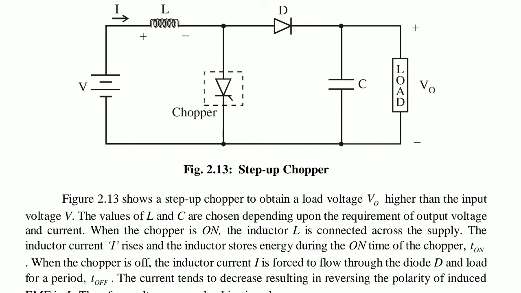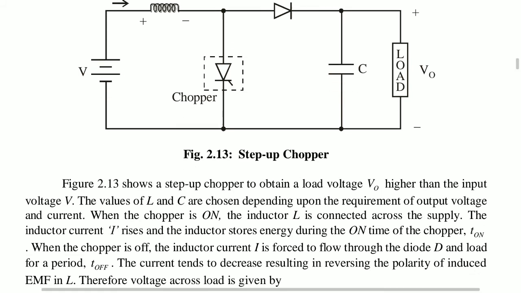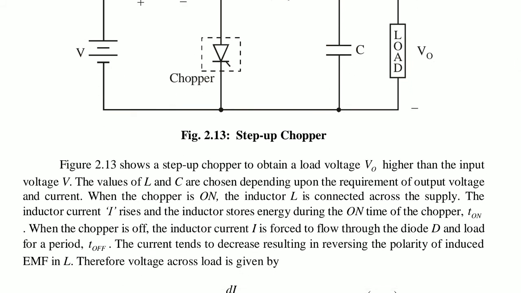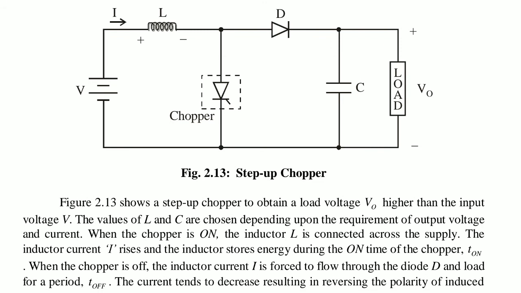So the current tends to decrease, resulting in reversing of the polarity of the induced EMF in L. So the total voltage across the output, that is VO, is nothing but the summation of the input DC voltage and the energy stored in the inductor.